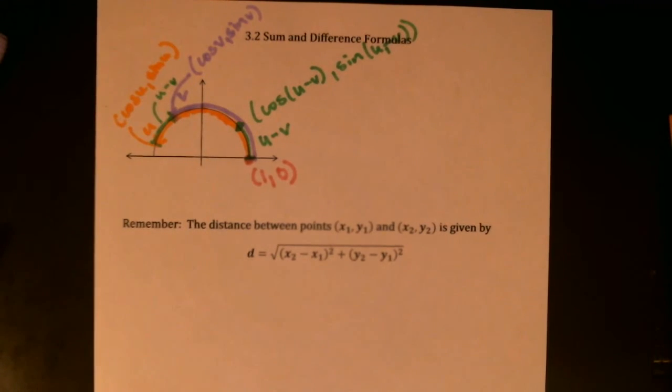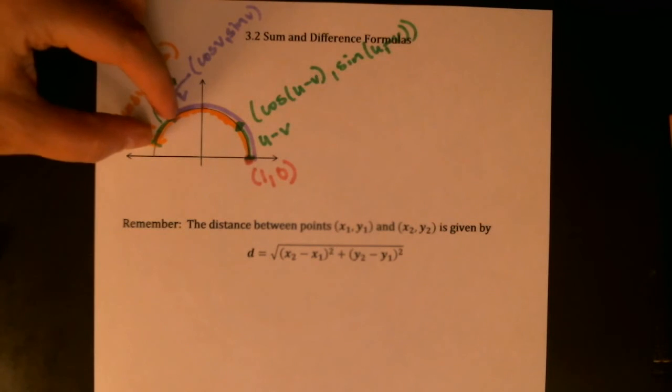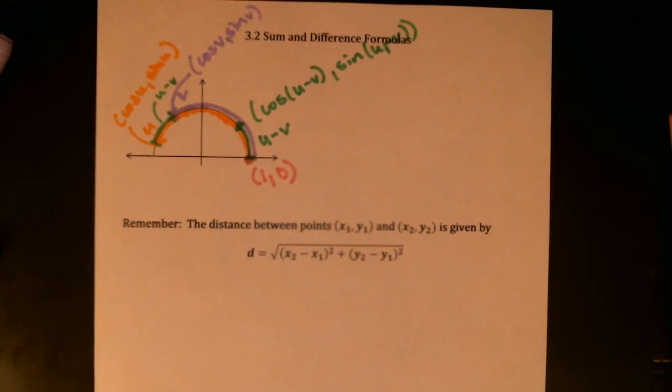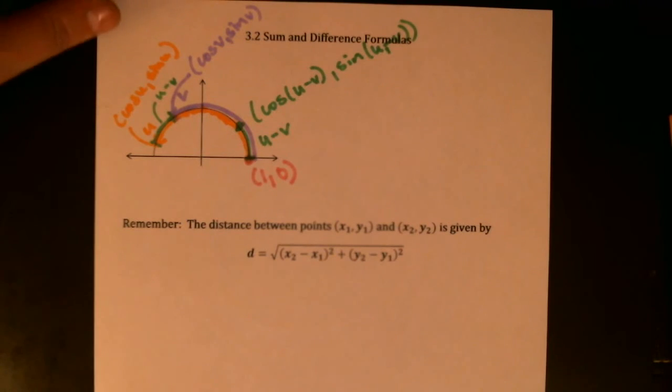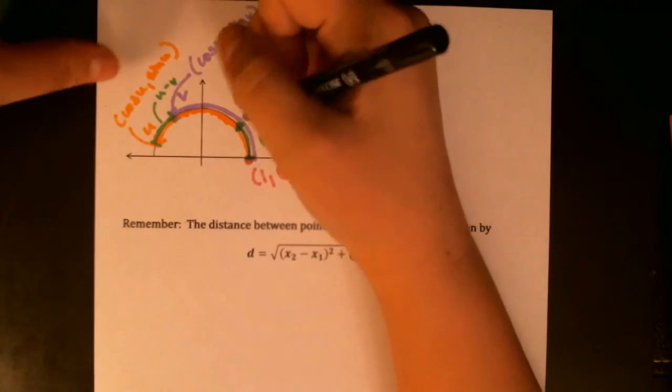What I would hope we see is that since that arc length, u minus v, is the same whether it's over here between our 2 points or over here between our 2 points, we should be able to write out a giant mass, we'll see if I can make it fit on this paper, and get a true statement using the distance formula. So basically, let me name some points.